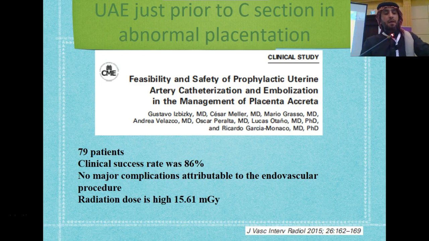Very interesting. They did 79 patients with a clinical success rate of less bleeding of 86%, and no major complication. It was done in the OR, using a C-arm. The criticism against this paper is the high radiation dose.